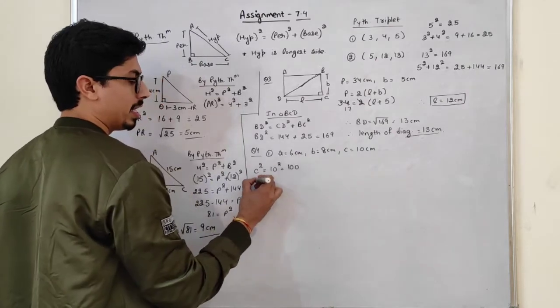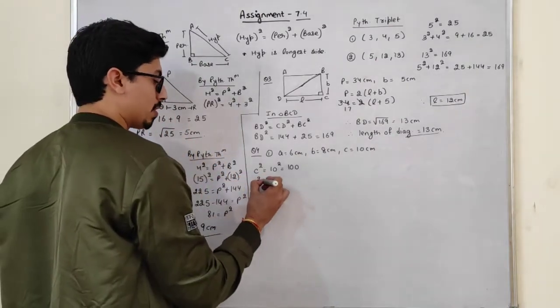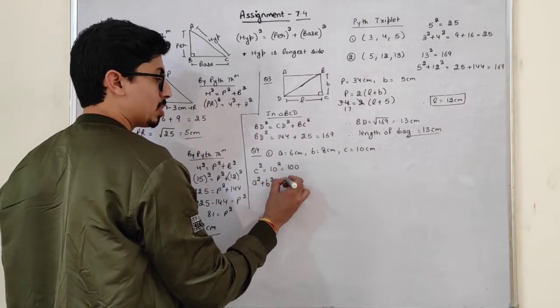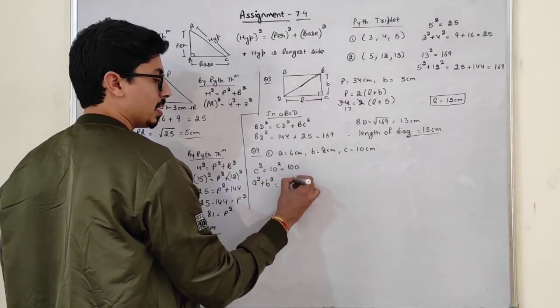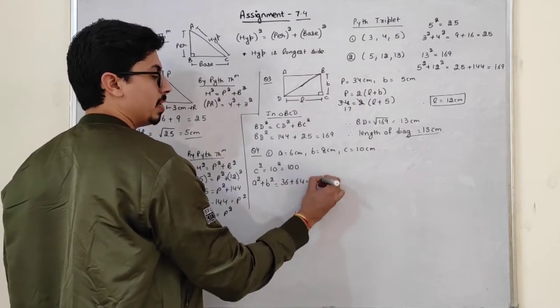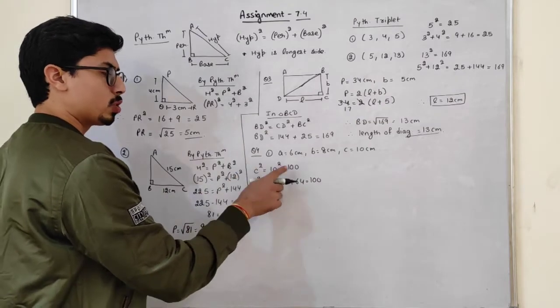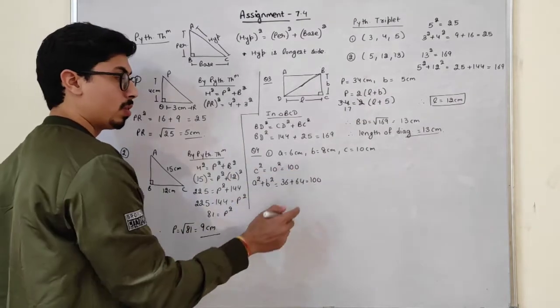This is 100. Okay. Now take the sum of the squares of the remaining two. So A square is 36, B square is 64. If I add them, this will be 100. Okay. So A square plus B square is equal to C square because both of them are equal now.